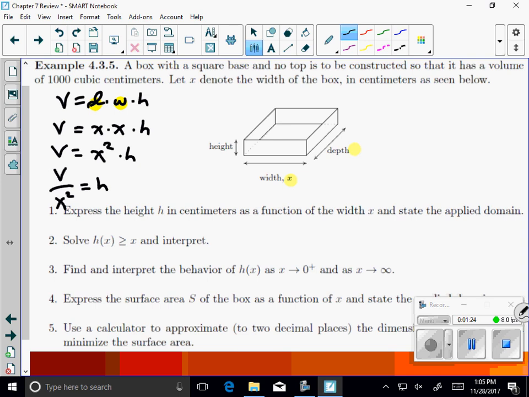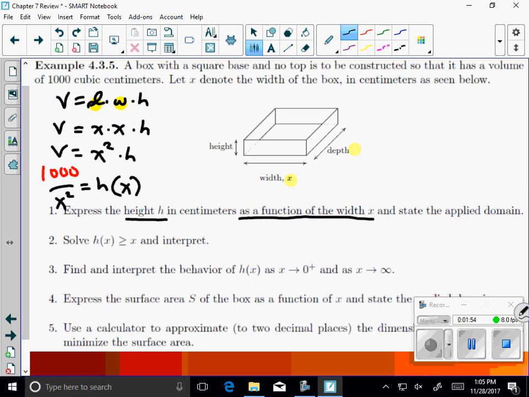The volume is always going to be what? 1,000. So I could plug in that constant. I could say that the height in terms of x would be 1,000 over x squared. That's h of x. That's expressing the height as a function of the width.